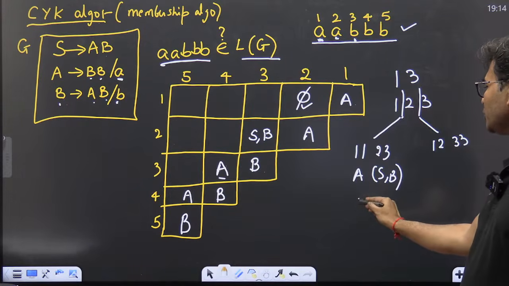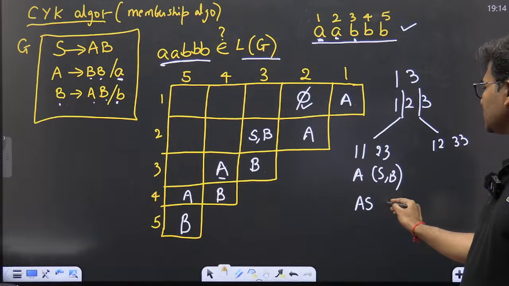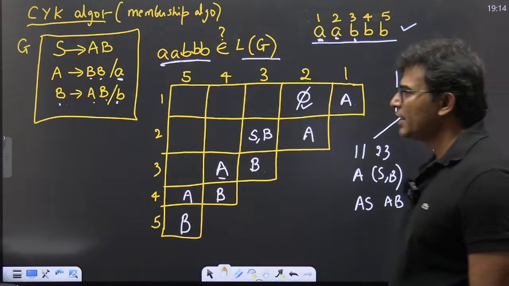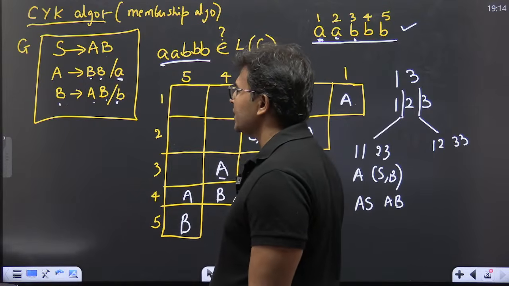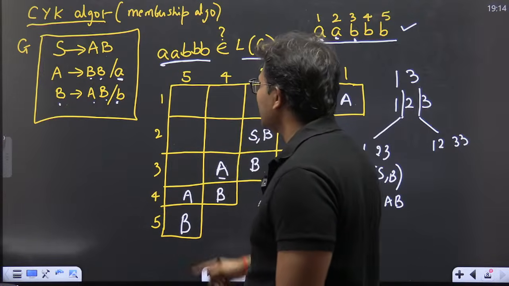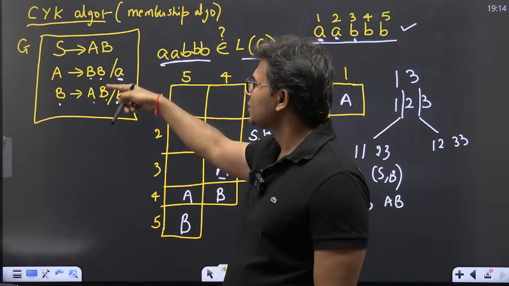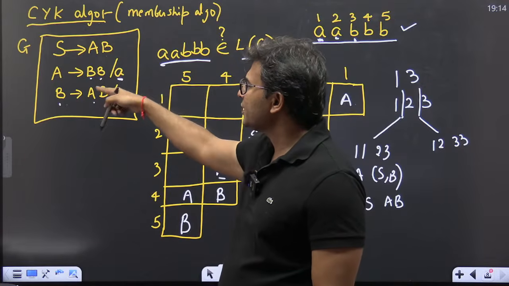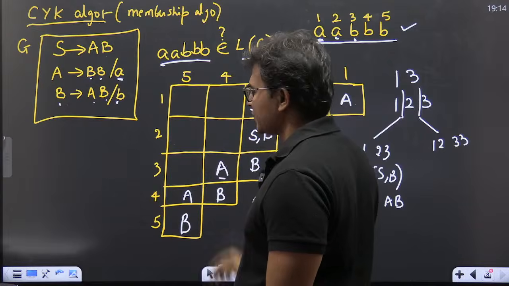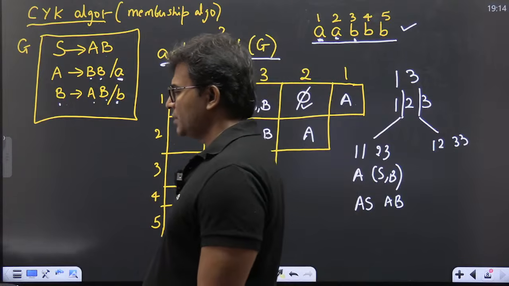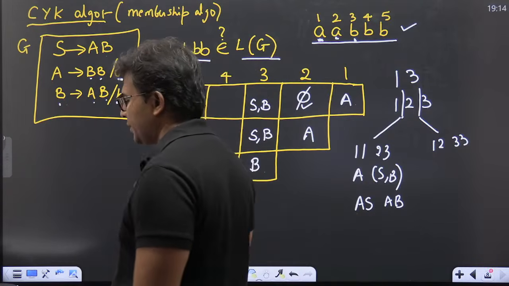So it is going to be A followed by SB, that is AS, AB. On the right hand side, is there AS and AB? Yes, AB is there, for S and B. Therefore, S comma B is what we are going to get.